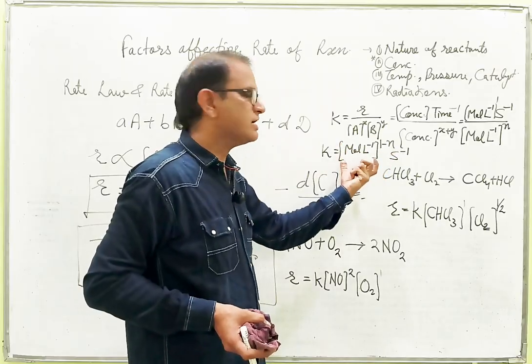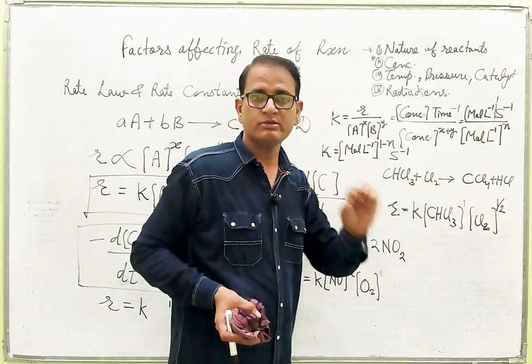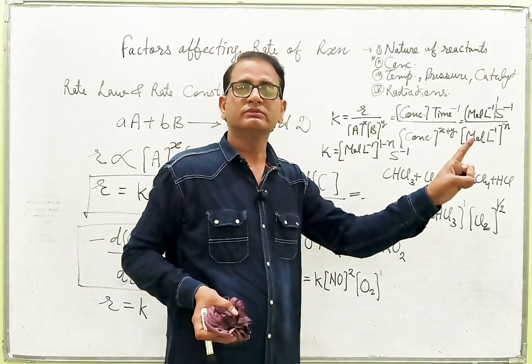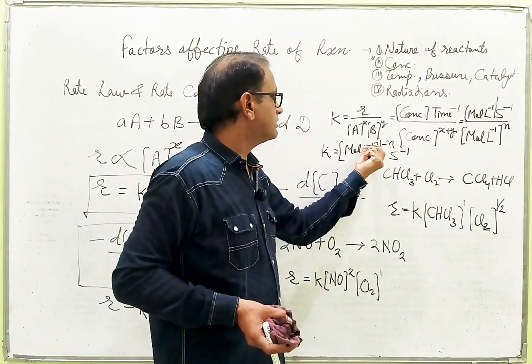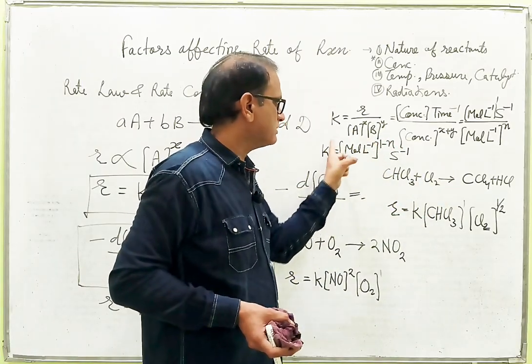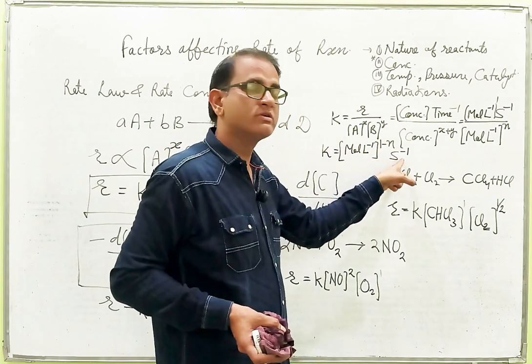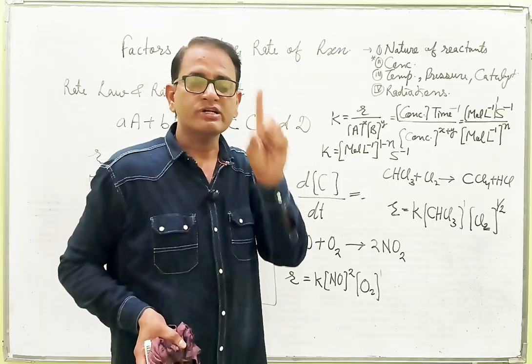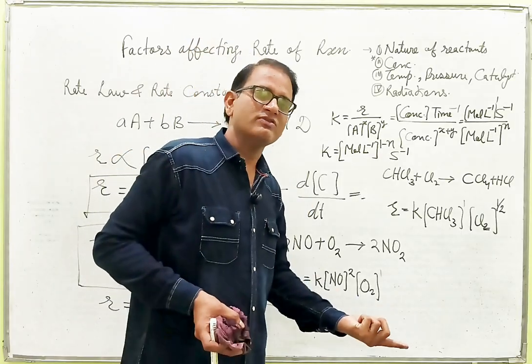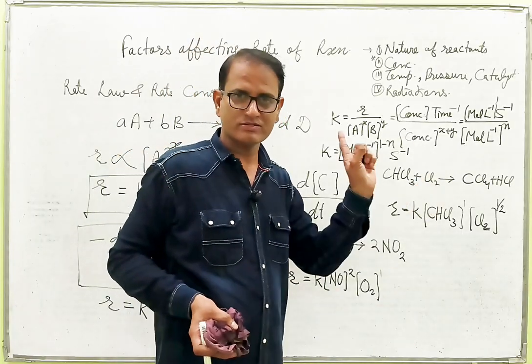If the power of anything is 0, that becomes 1, so mole per liter diminishes. We will have only second inverse. So the unit of rate constant for a first order reaction is second inverse.